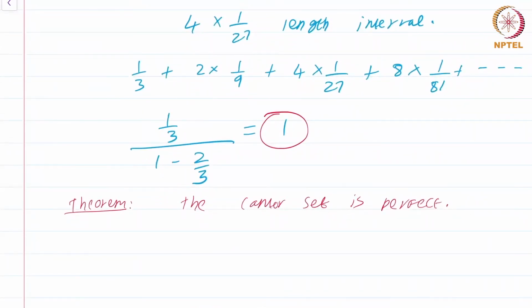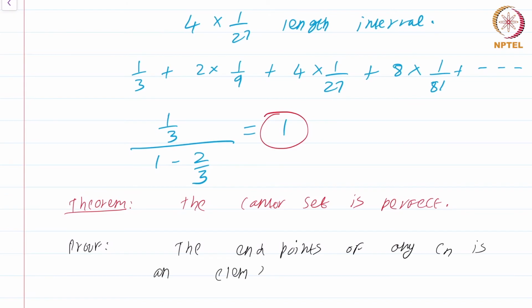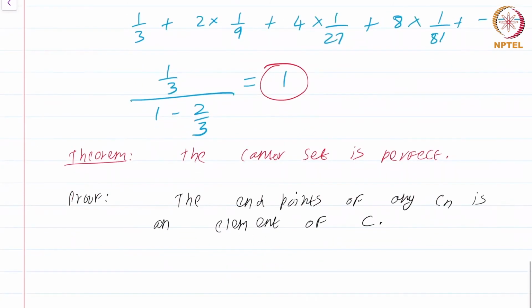First, for the proof of this, the endpoints of any Cn is an element of C. Okay, that's the first point I want to make in this proof. The endpoints are all present in the Cantor set. How does this help us prove what we want?